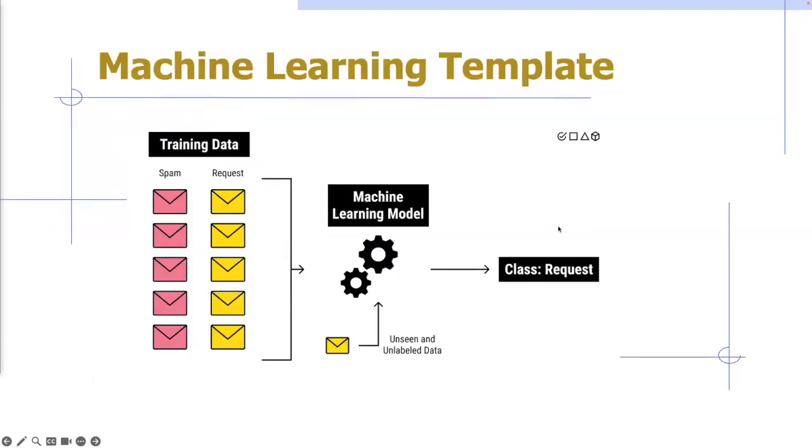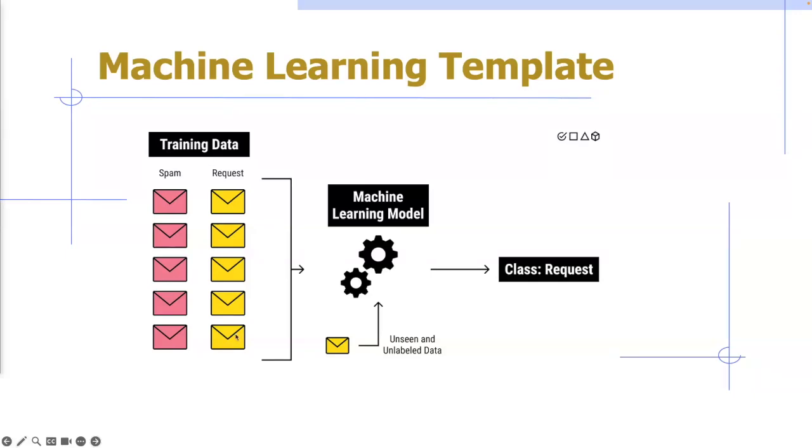So this is just an example of a machine learning task, like a template you can reference. You're going to have training data labeled as you see. Let's say the pink ones are spam and the yellow ones are requests.